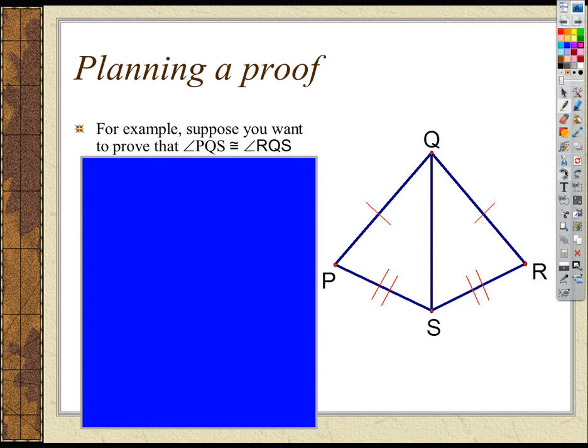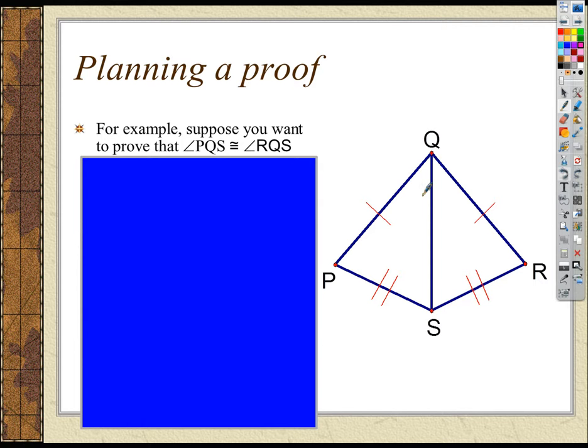What Lenny's getting at is, if we can show that the triangles are congruent first, then because those are corresponding parts of those triangles, we can show that those angles are congruent by CPCTC. There is no fancy theorem or postulate that is going to allow us to just directly show that those angles are congruent. It just isn't, right?